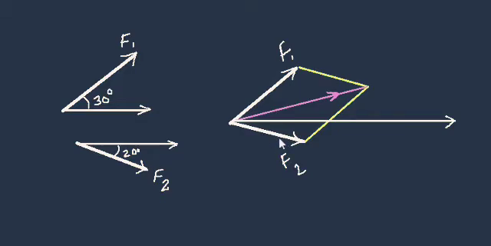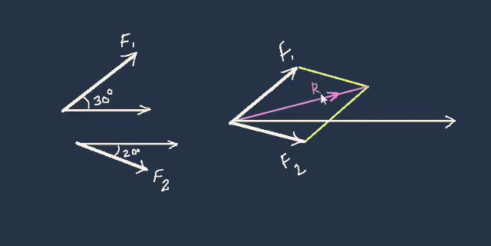So now that you recreated your first vector F1 and F2, what you need to do is complete the parallelogram by drawing parallel lines to these two vectors. So you draw a parallel line to F2 and you draw another parallel line to F1, and that will complete your parallelogram. Now if you find out the maximum diagonal of this parallelogram, that will give you the resultant vector.